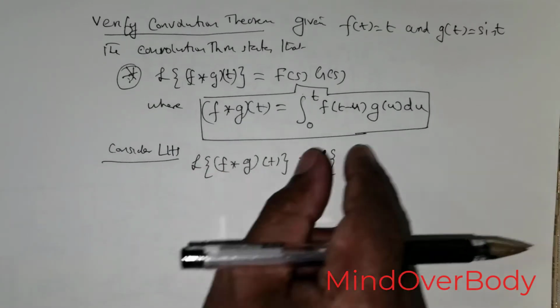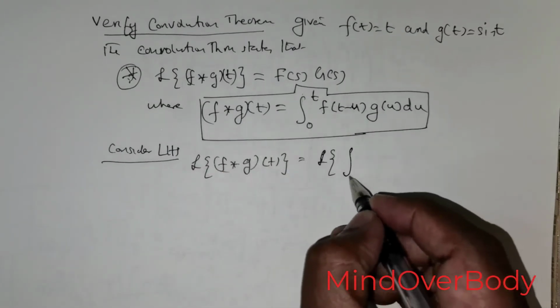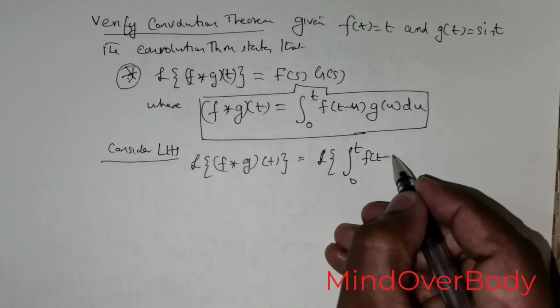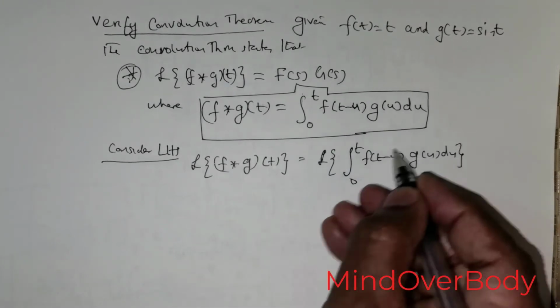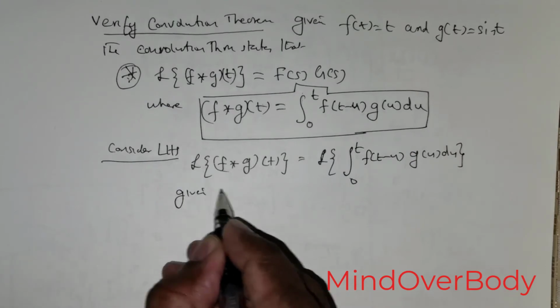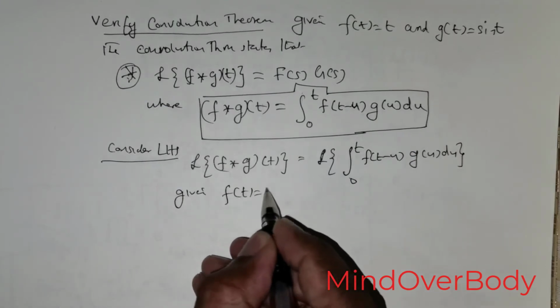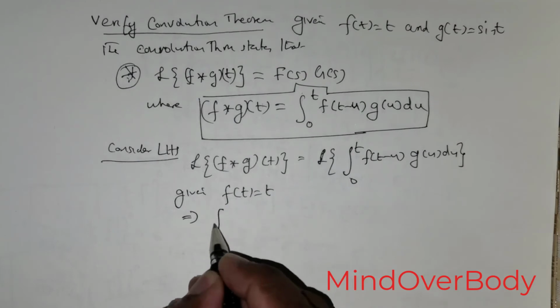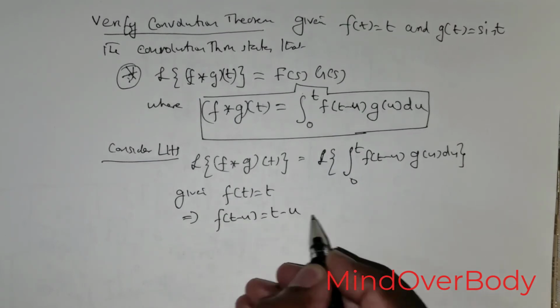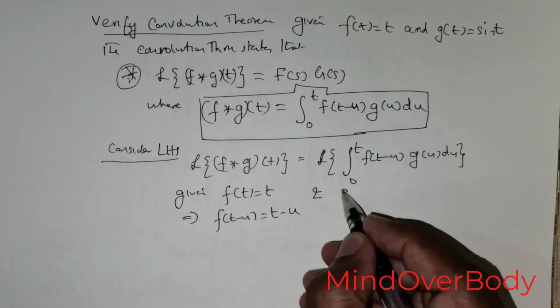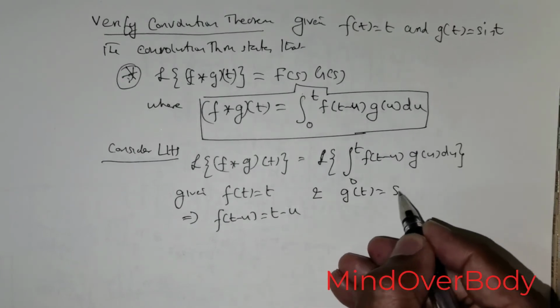now f star g of t is this integral from 0 to t of f of t minus u times g of u du. Now given f of t is equal to t, this means f of t minus u is equal to t minus u, and g of t is equal to sine t.